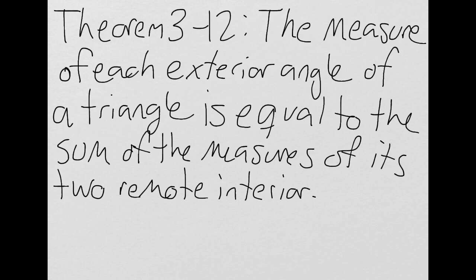Next up we have theorem 3-12, and that says the measure of each exterior angle of a triangle is equal to the sum of the measures of its two remote interior angles. And this is a theorem that we're going to use a lot for problem solving.